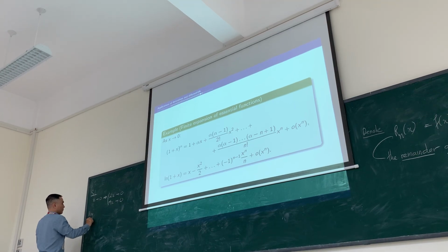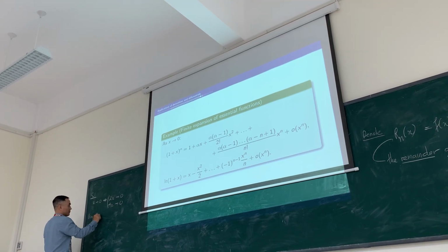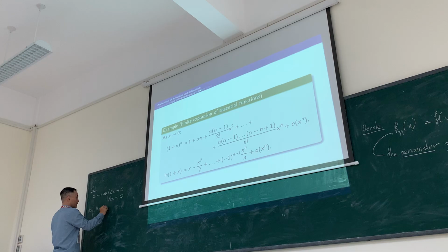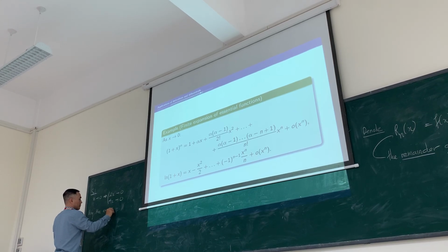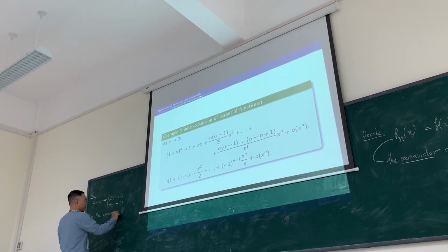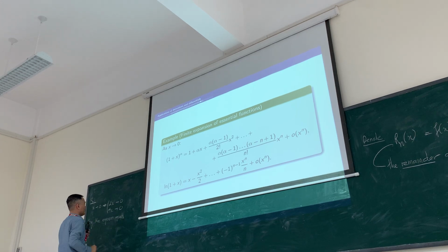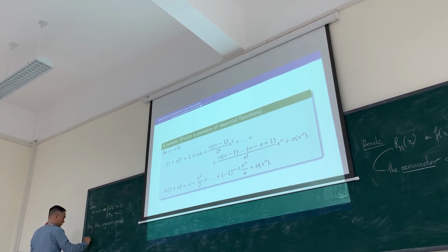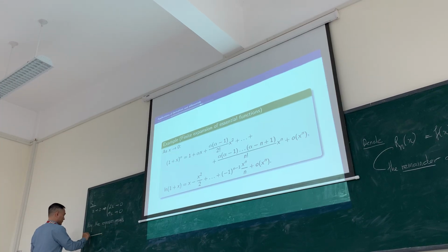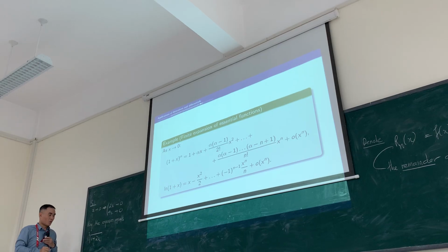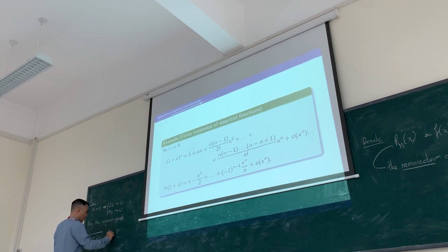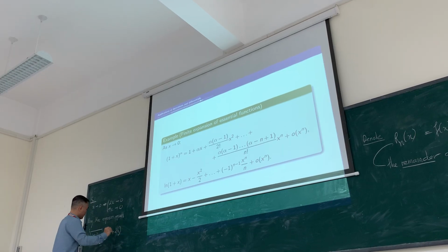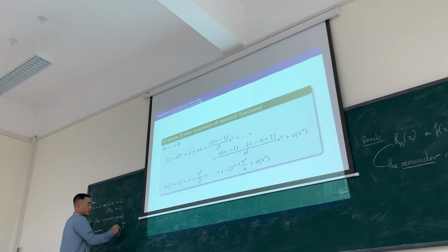Using the Maclaurin expansion, the cube root of 1 plus 2x is equal to (1 plus 2x) to the power 1/3.